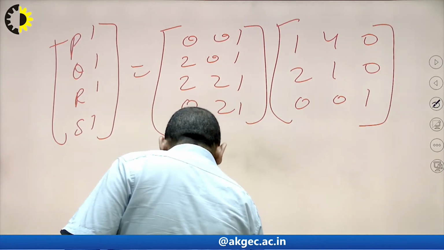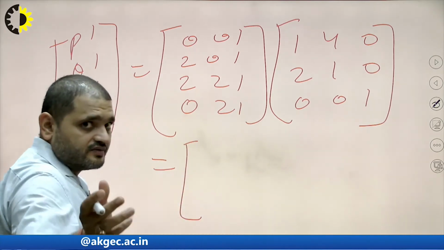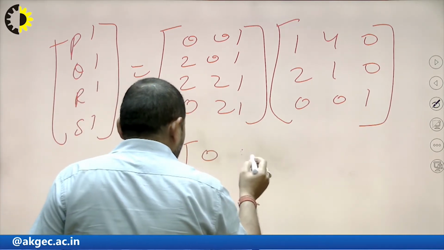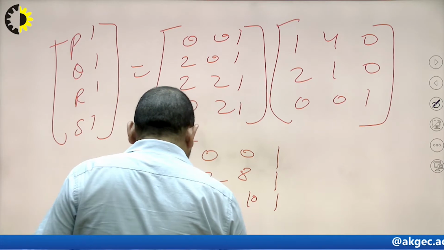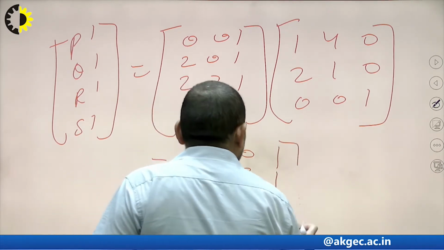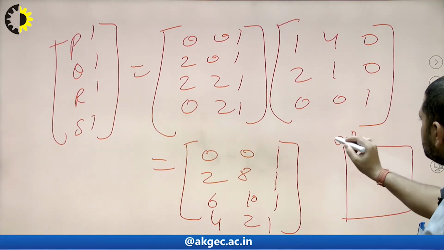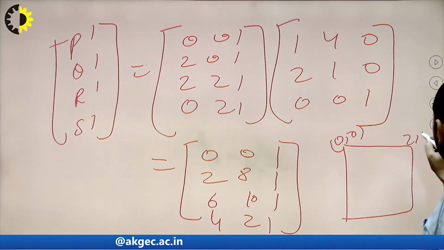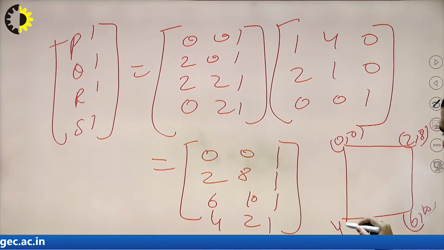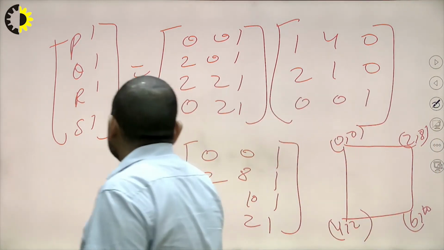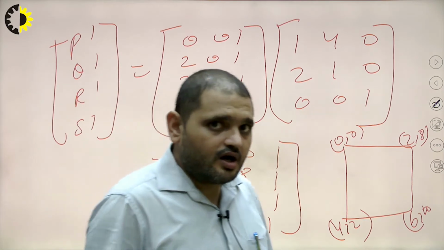The product, the new coordinates of the square, equals 0 0 1, 2 8 1, 6 10 1 and 4 2 1. So the new coordinates are: 0 0 remains the same, then 2 8, then 6 10, and 4 2. Like this we can find the new coordinates after shearing.